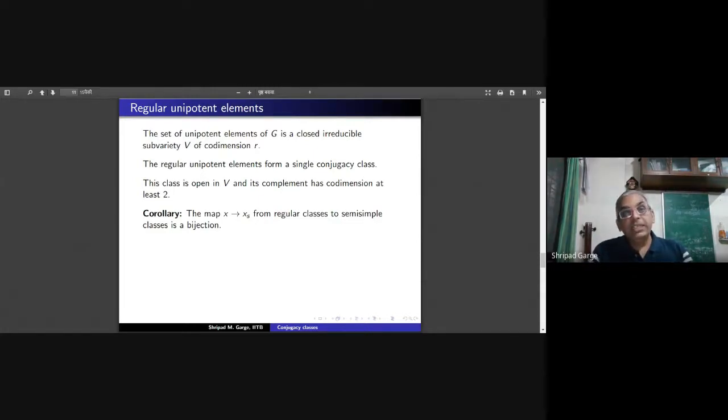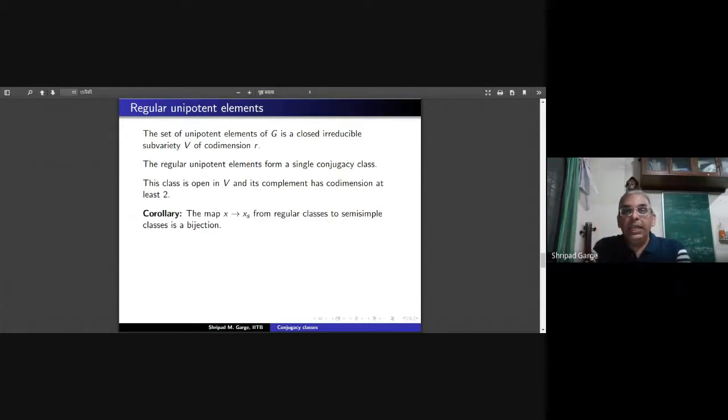So let's see why this map is onto. We want to say that every semisimple element is the semisimple part of a regular element. Okay. We are claiming that you take any semisimple element, it is the semisimple part of a regular element. And how does one see this? So you take the centralizer of your semisimple element.